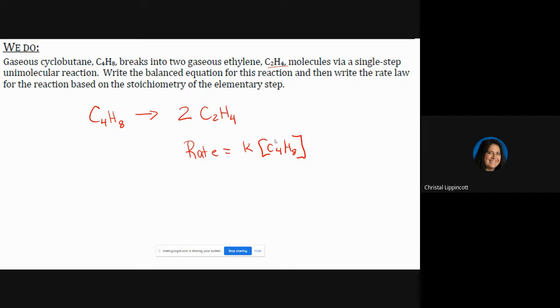Yeah, it would produce a perfect half-life curve if you did concentration versus time. Concentration versus time will give you a perfect half-life curve. Okay. If you did the natural log of concentration versus time, you should end up with that.